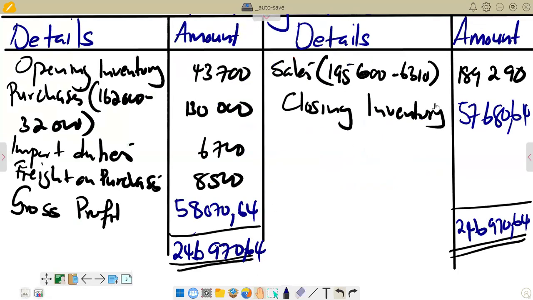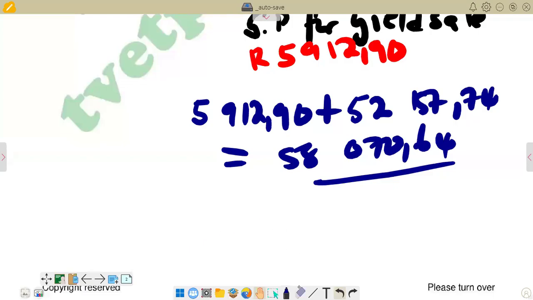Our closing inventory is 57,680.64, and then we subtract salvage 18,700. We are now calculating inventory loss.